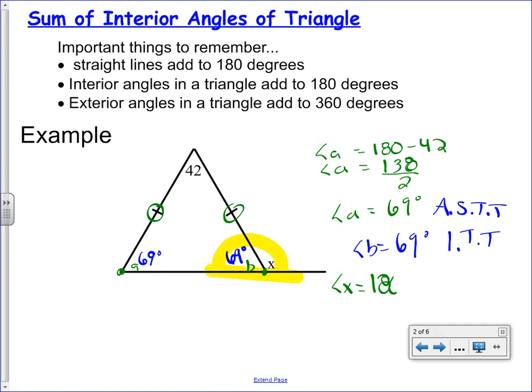So I would do 180 minus 69. And I get here that angle x is equal to 111 degrees. And that's from my supplementary angle theorem. Okay, does anyone have any questions about that? Okay.